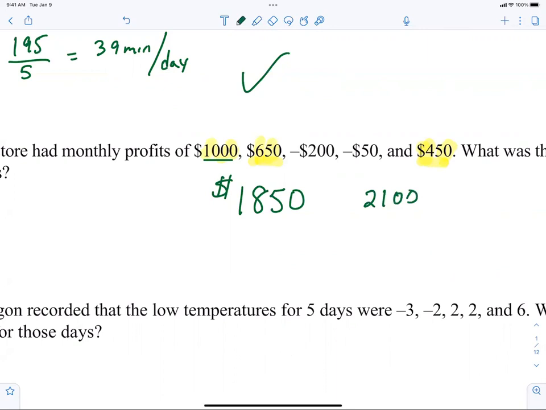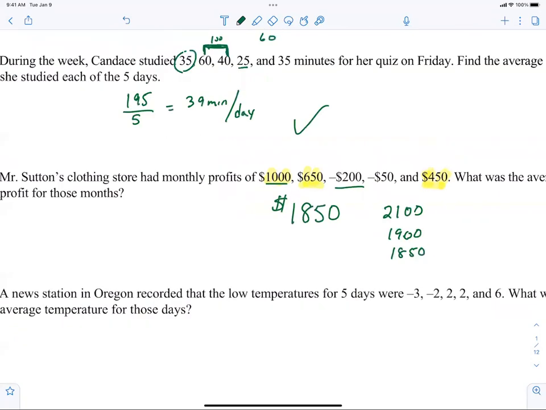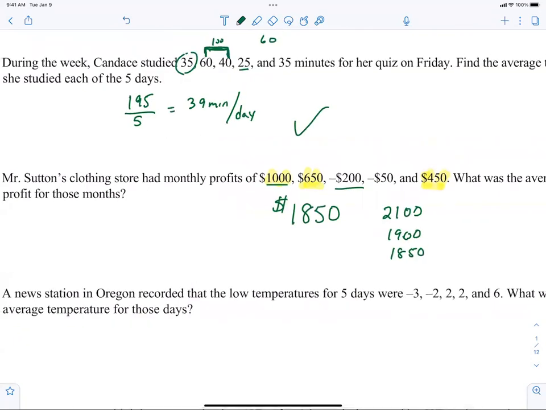Is everybody good with that? And then I would say minus 200, which would be 1,900, and then minus 50, which would be, is that right? 1,850? Yeah, I think 1,850 is good. All right, so I'm happy with that.